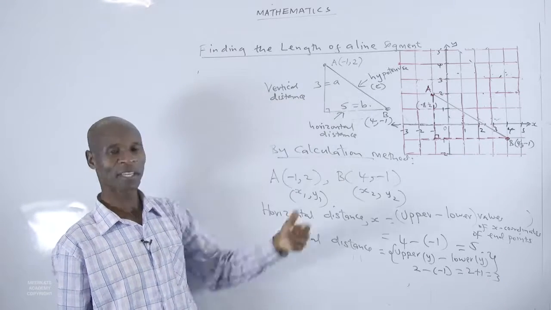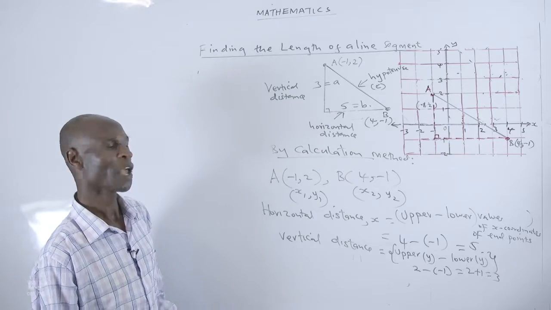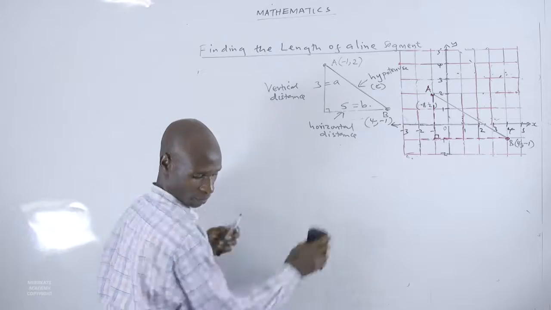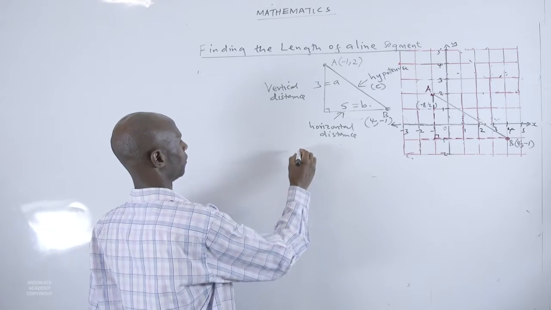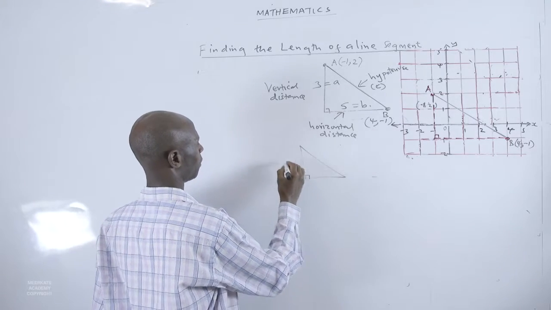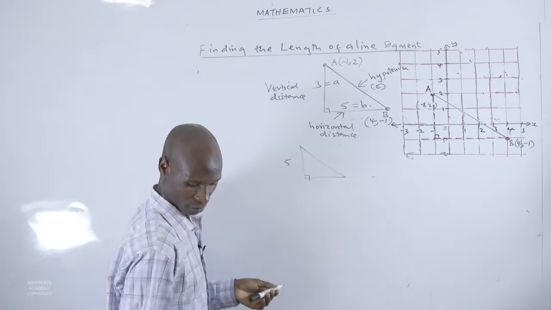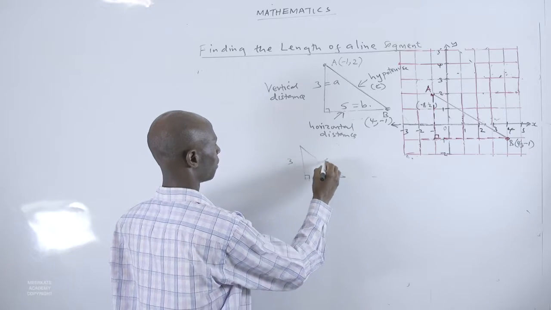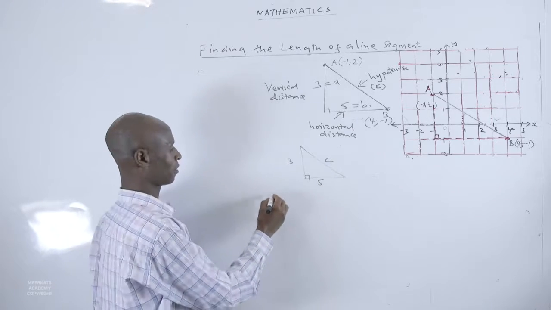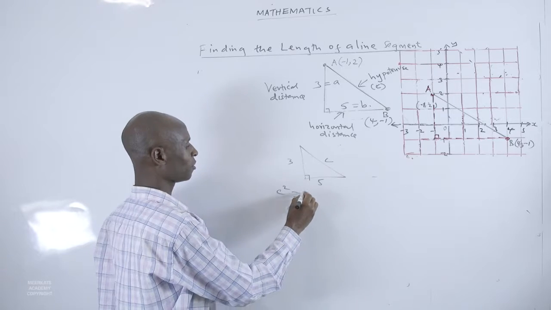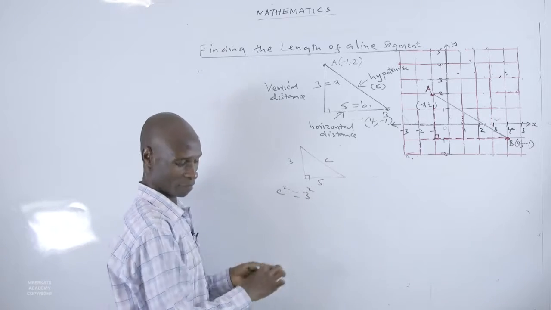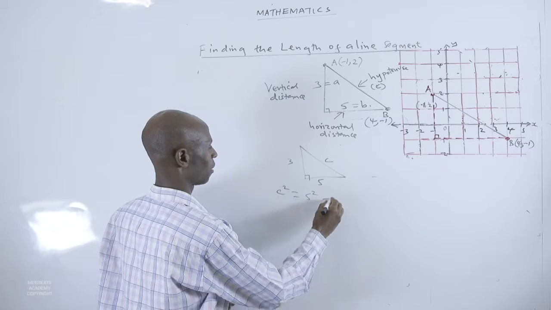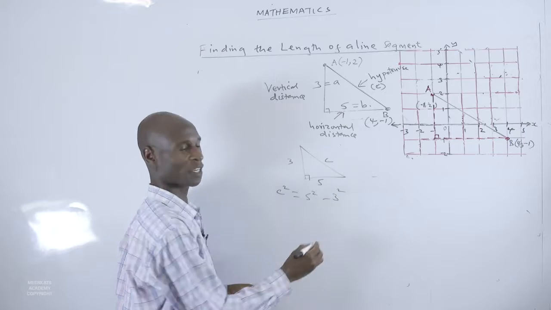Since this is representing a right angle triangle, we apply Pythagoras theorem. By saying c squared is equal to 5 squared minus 3 squared.